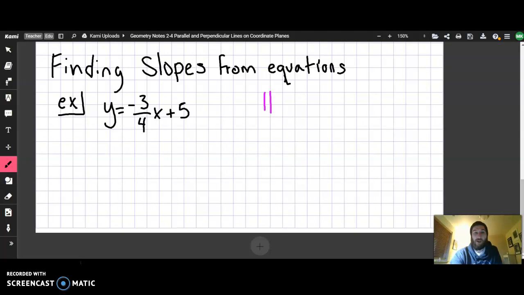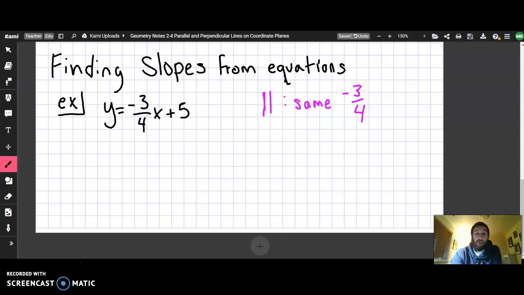So if we want to know the parallel slope to -3/4, well, the parallel slope to -3/4 is -3/4. It's the same. So since parallel is the same, it's -3/4. And we know that because in our example equation, it's -3/4.